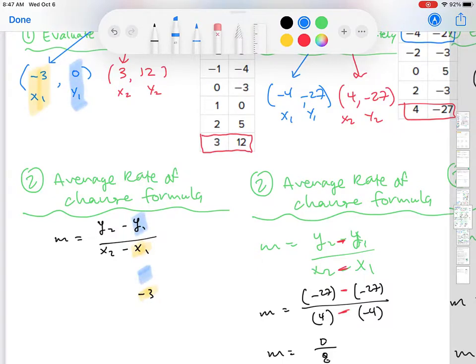So in my formula, every time I see y1, I'm going to write 0 right here. And then every time I see x2, I'm going to write 3. So there's x2, I'm going to write 3. Y2 is 12. So every time I see y2, I'm going to write 12.